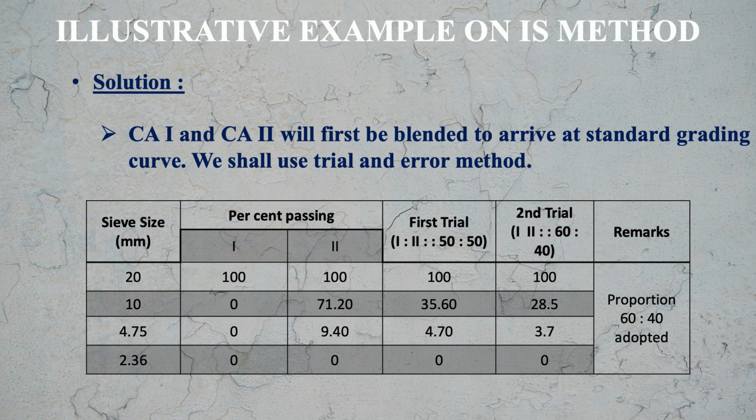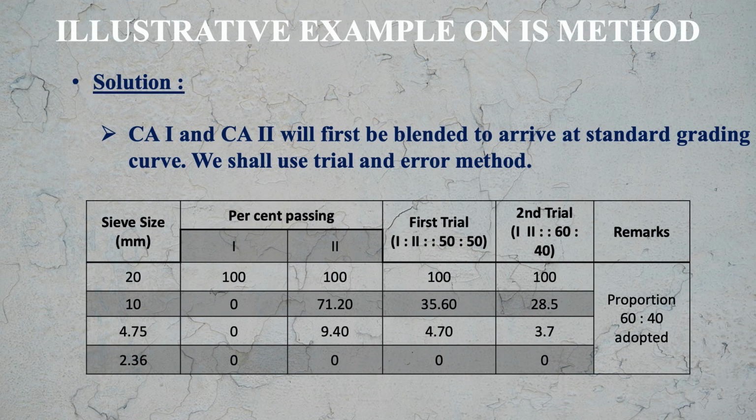What we see from this table is that for sieve sizes 20 mm, 10 mm, 4.75 mm, 2.36 mm, the percentage passing for type 1 and type 2 are given here. Then we have done two trials.